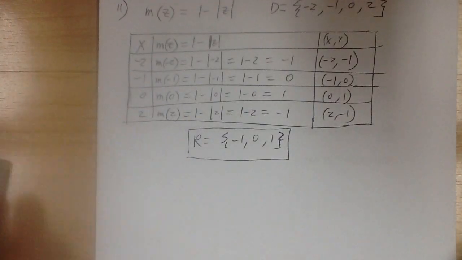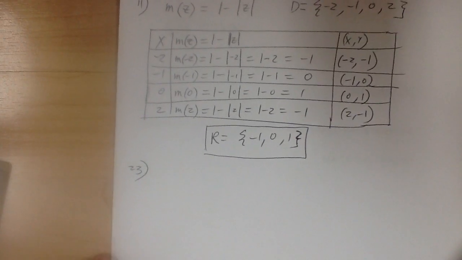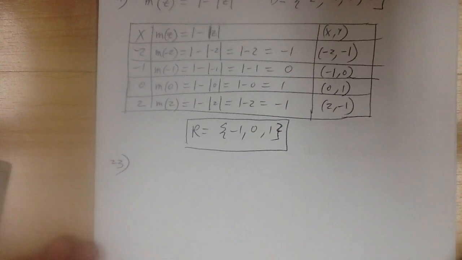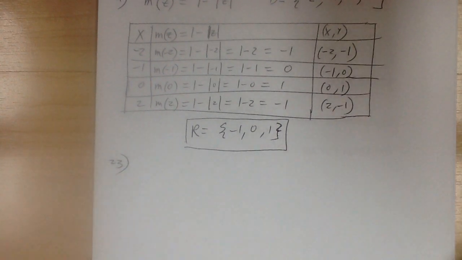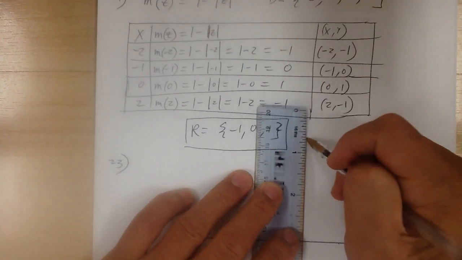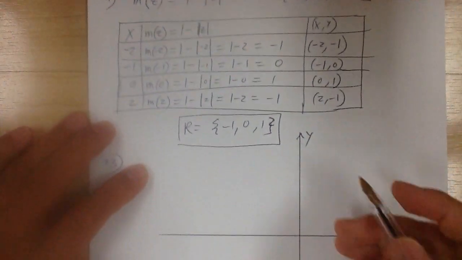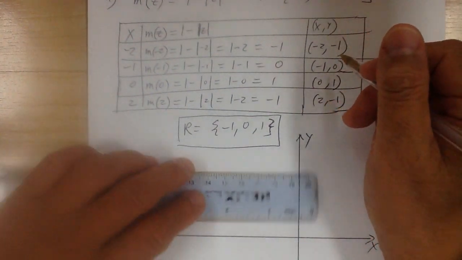Okay, next one would be number 23. Okay, the first point is negative 2, negative 1.